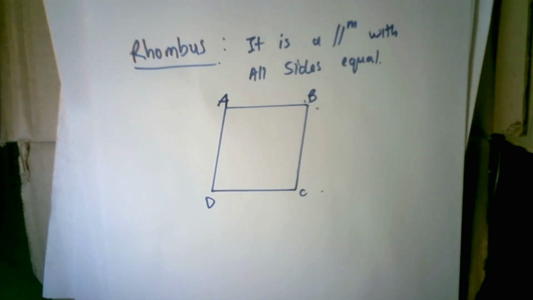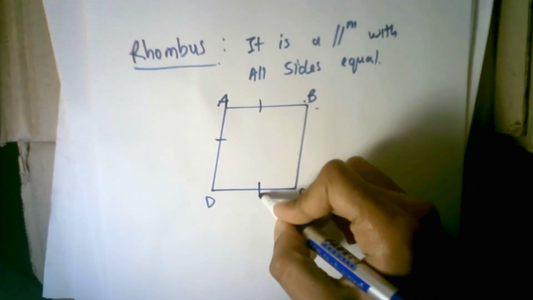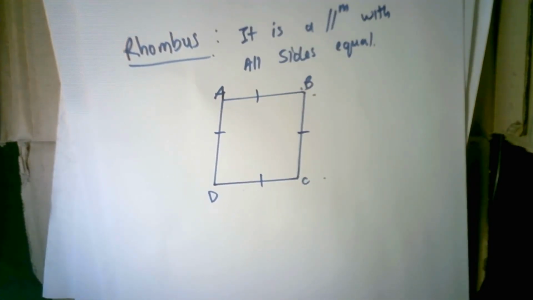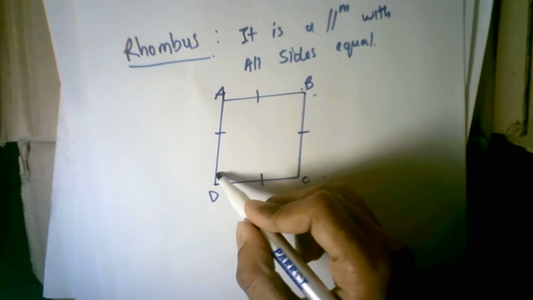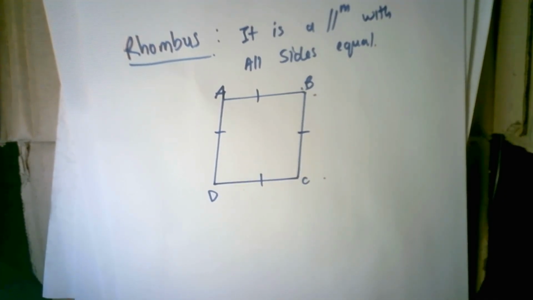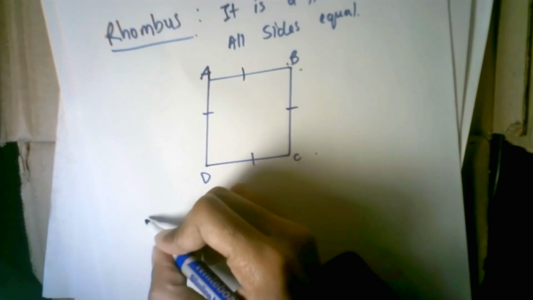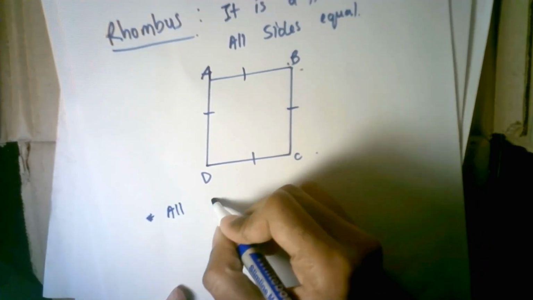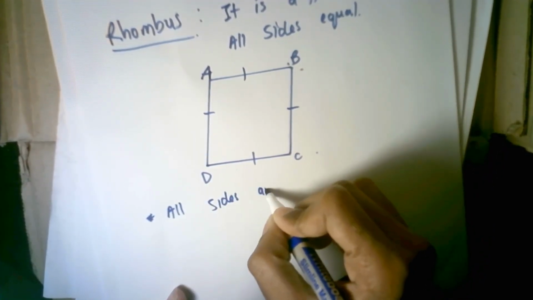Now we said that it is a parallelogram, so it meets all the properties of a parallelogram, but in this case, all sides are equal in length, right? But can you see that these angles are clearly not 90 degrees anymore because it's tilted? So the first property is that all sides are equal.